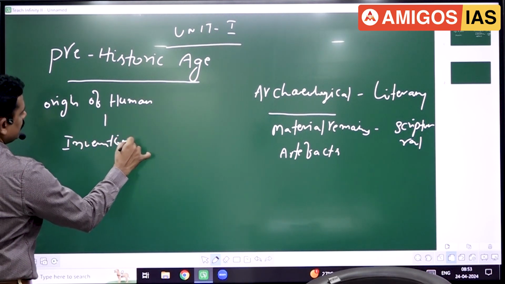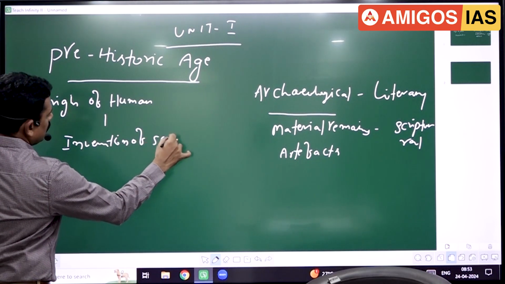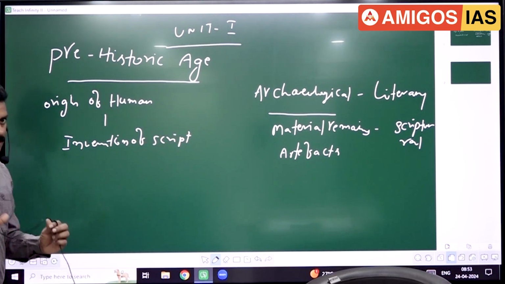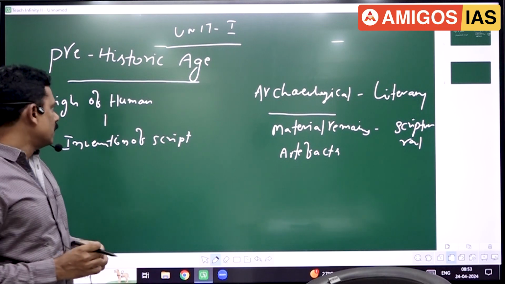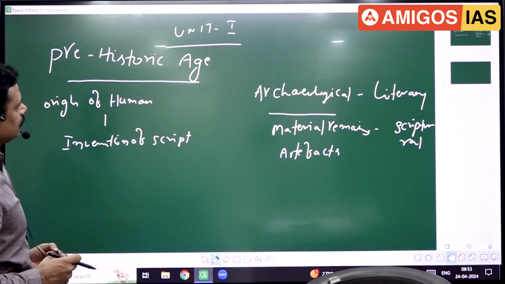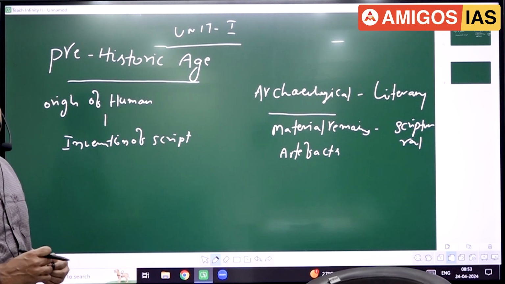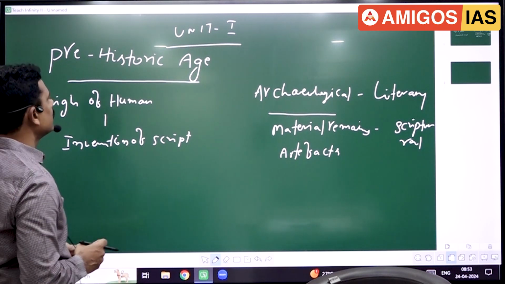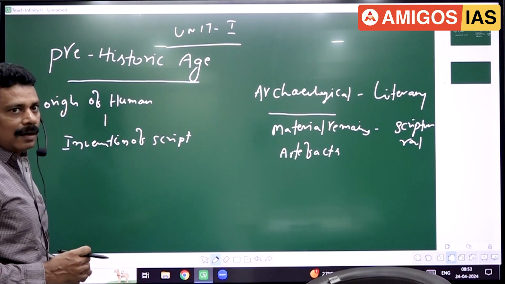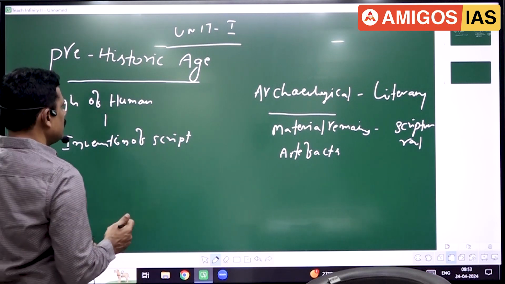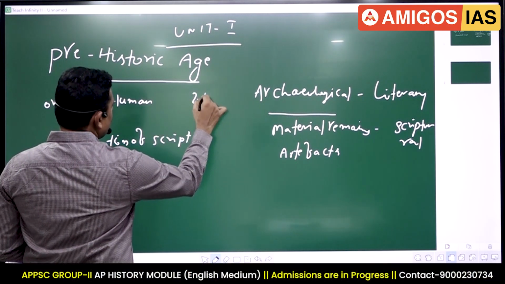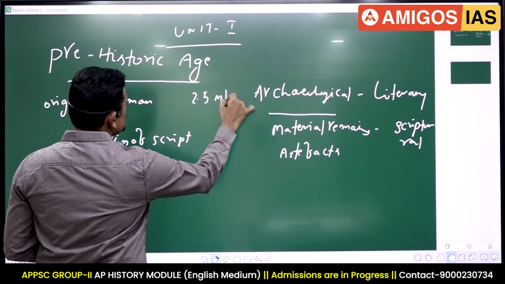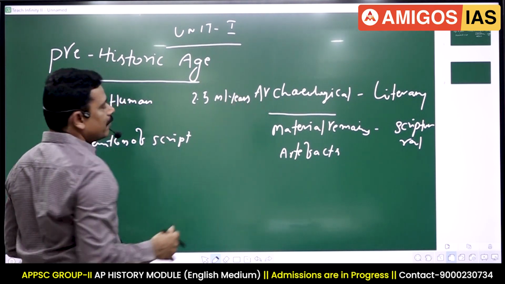This is the rough period. Early human, in the history of the human being, is said to have made his first appearance somewhere around 2.5 million years ago.